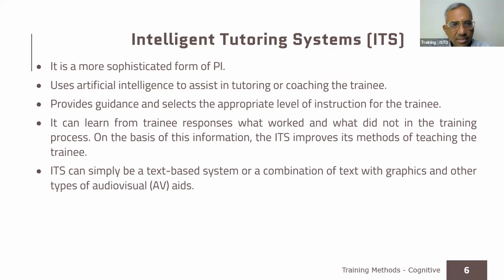So if the trainee is able to answer certain questions, let's say a little tougher questions, then the system can go for a little more advanced instruction and take the trainee forward. If the trainee is unable to answer a certain level of questions, then the AI of that particular ITS gets activated and provides some coaching or a tutoring service to the trainee so that the trainee can cope with that.